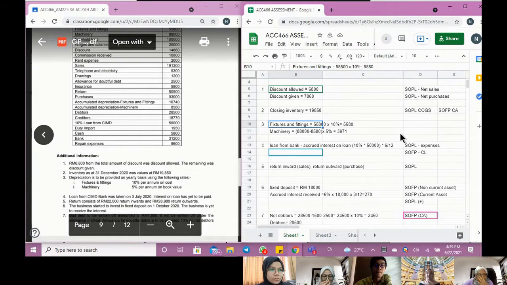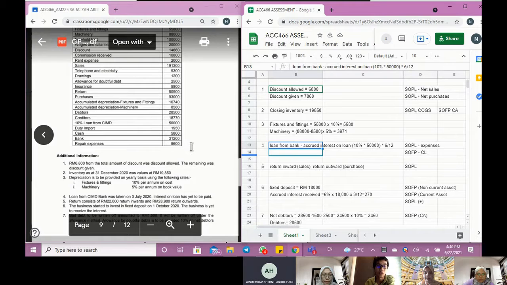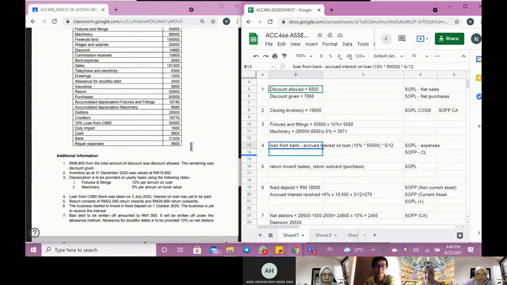Both of these amounts, for the fixtures and fittings and also machinery, will be put in the statement of profit and loss under expenses. It will also be put in the statement of financial position under non-current asset. And I will pass the next question to my other groupmate.